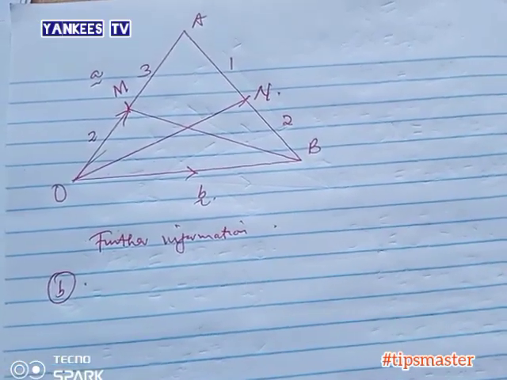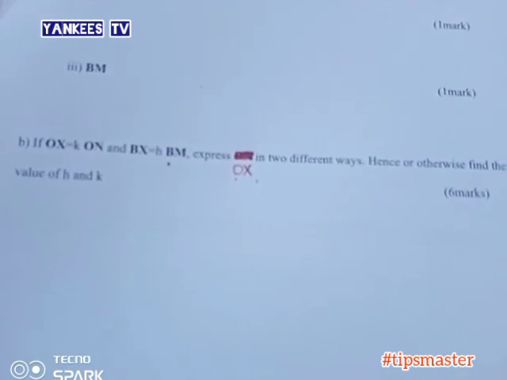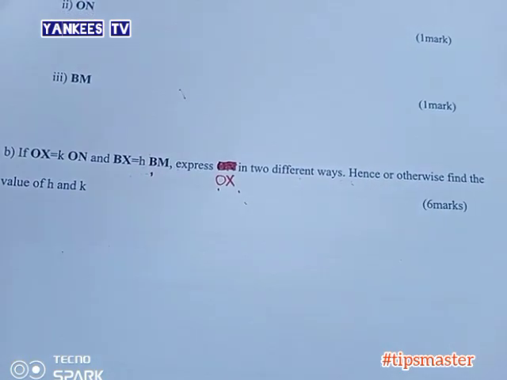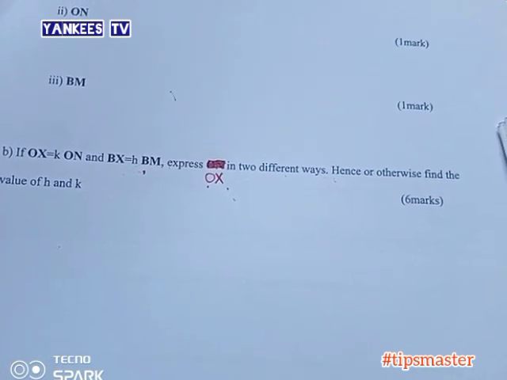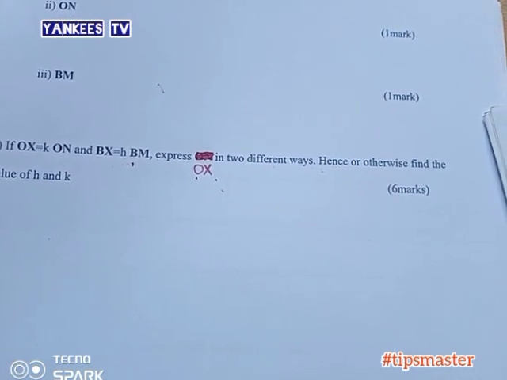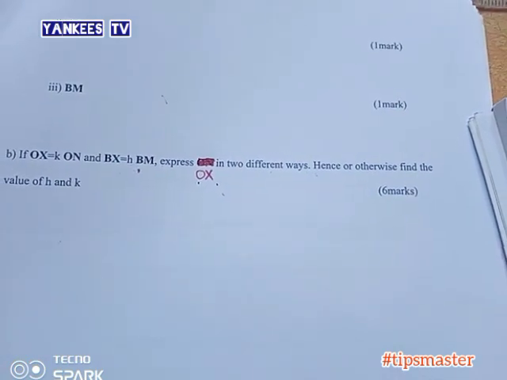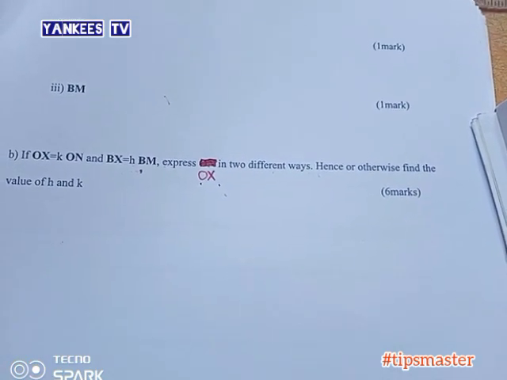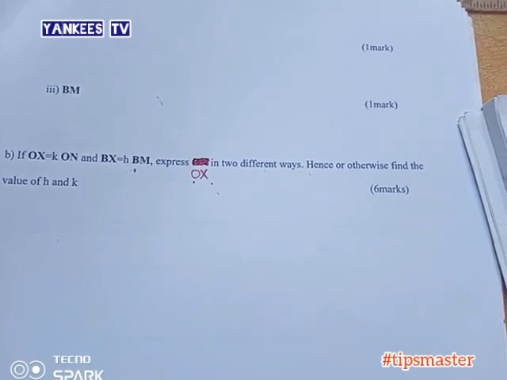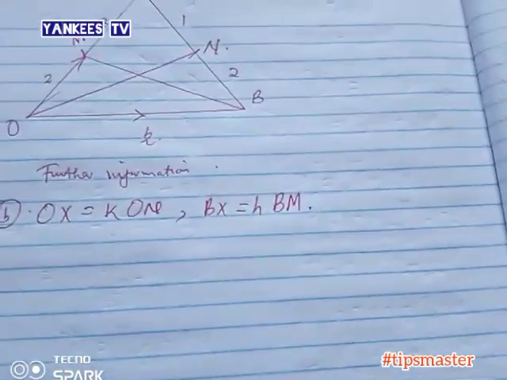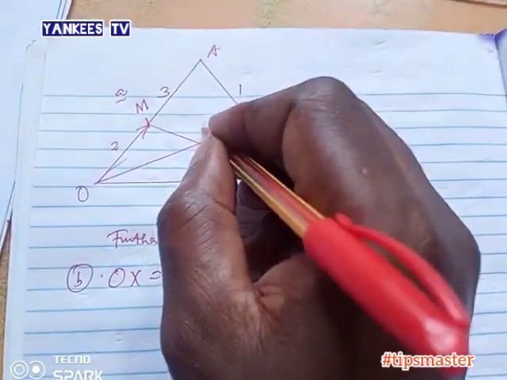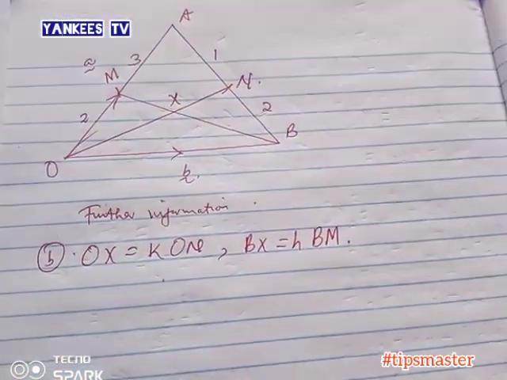So for further information, we are told under B that if OX is K of ON, and also BX is H of BM, then in 2 different ways form an expression of OX, hence otherwise find the values of H and K. So with this information, we are told to formulate 2 expressions.